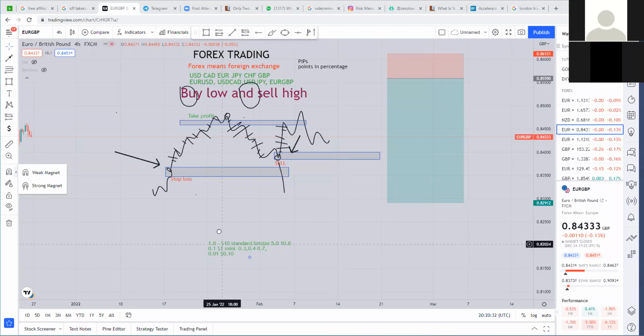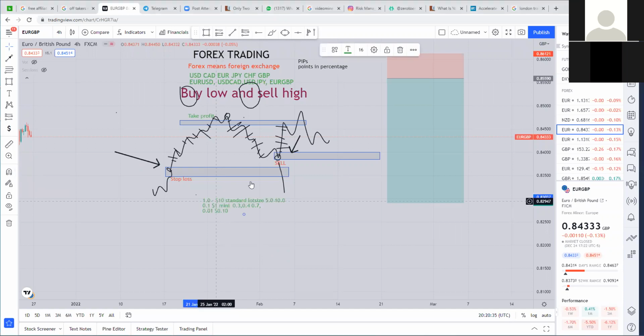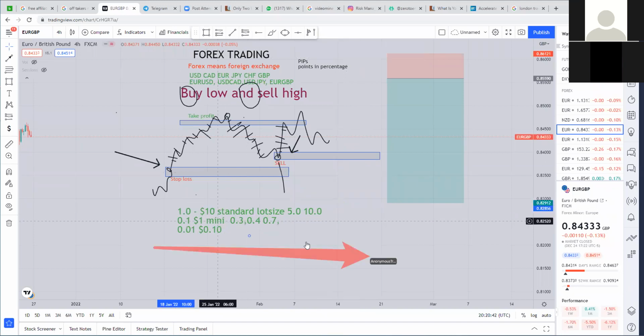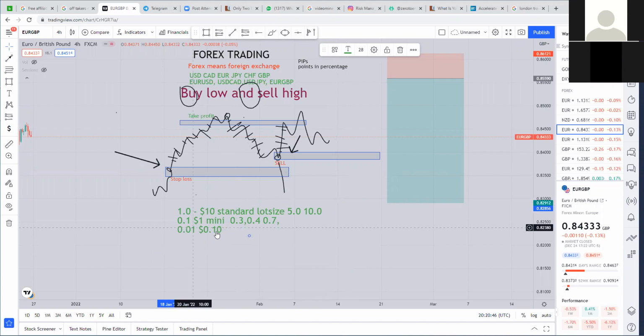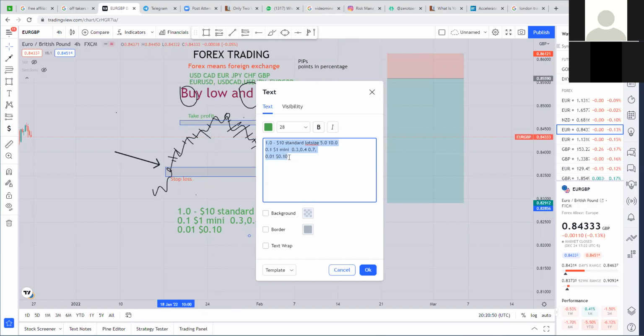All right. So from what I was explaining the other time, I was trying to let you understand that when you're trading in lots, the smallest is 0.01, which is $0.10.